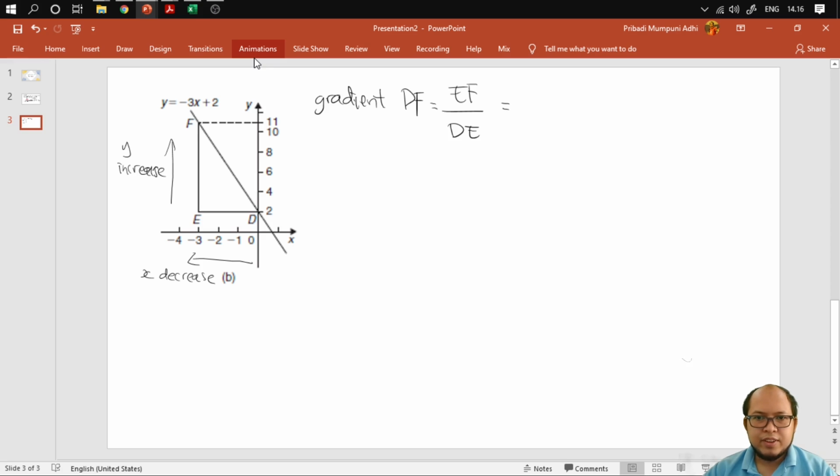So we will have EF is 11 minus 2, and DE starts from minus 3 minus 0. So we will have 9 over minus 3, or equal to minus 3. This gradient has a negative sign.